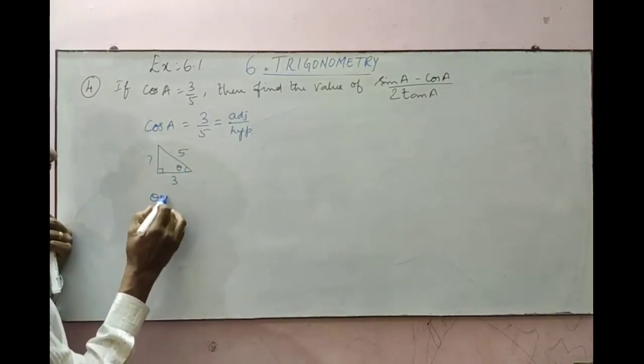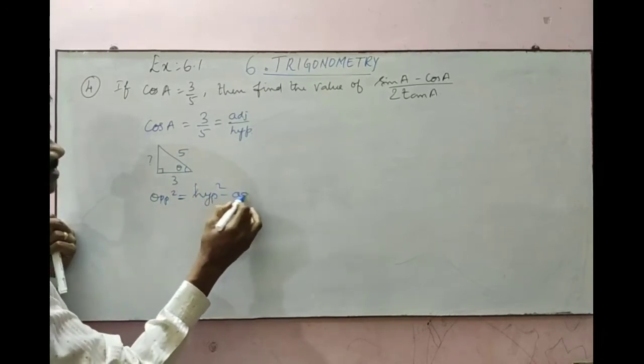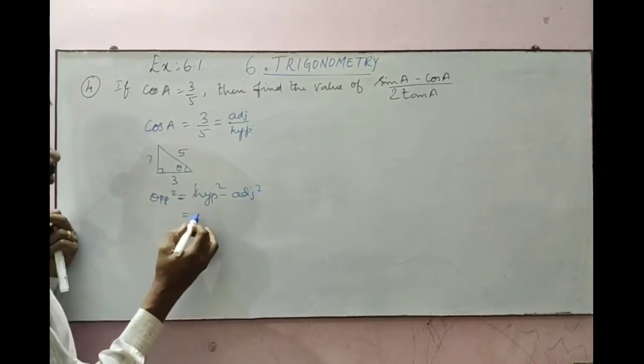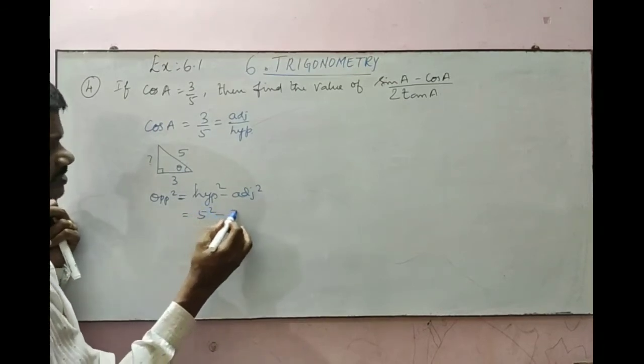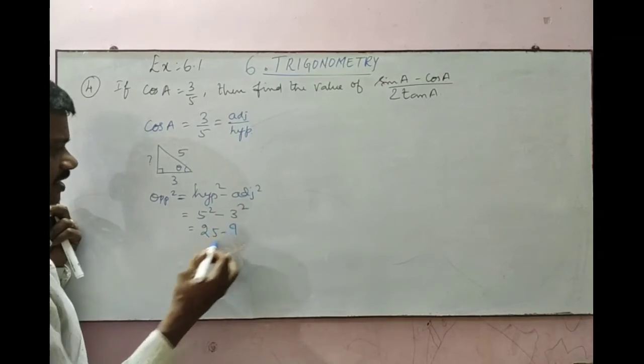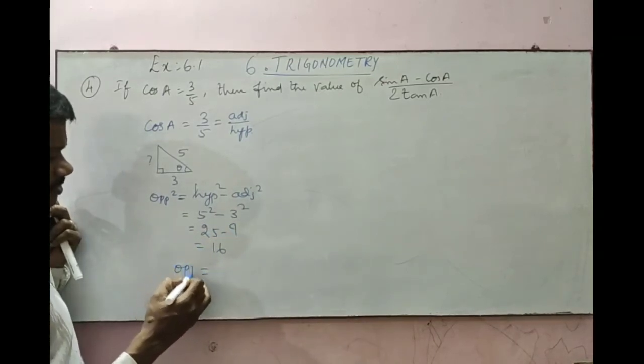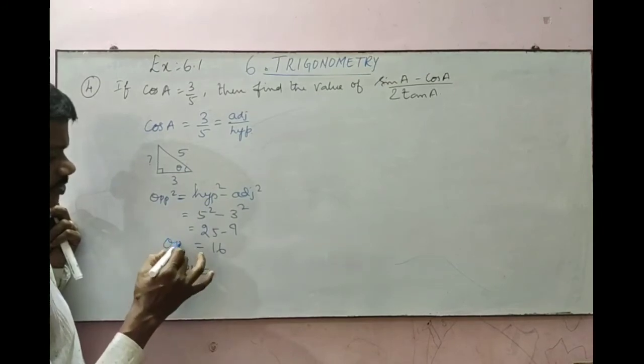So opposite square is equal to hypotenuse square minus adjacent side square. So 5 square minus 3 square. 5 square is 25 minus 9. On simplification gives 16. Opposite square is equal to 16.